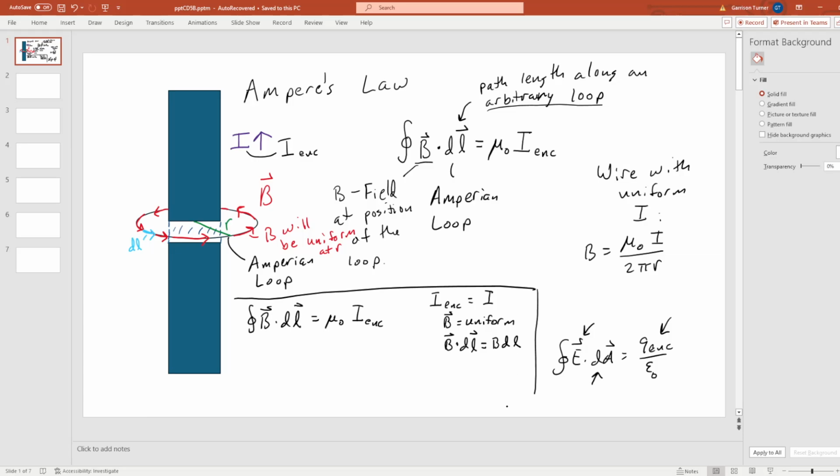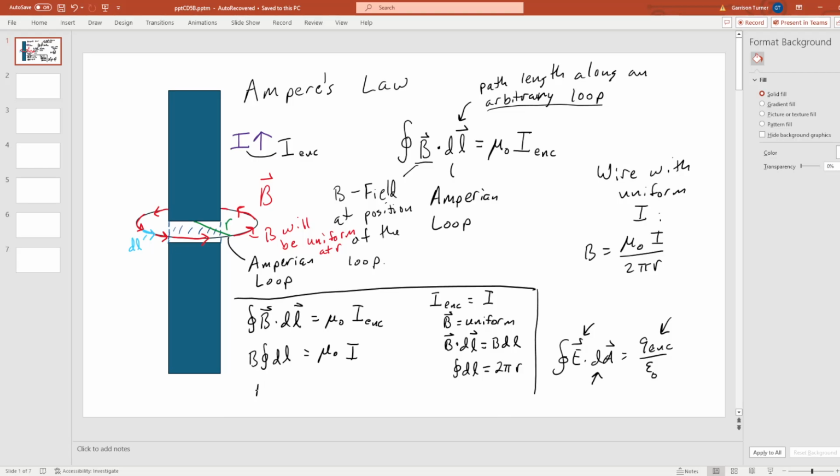Okay? Because they're parallel. And so that means B integral dl equals mu naught I. And the integral of dl across the entire Amperian loop, in this case, since it's a circle, just goes to 2 pi r, because it's the circumference of the loop.